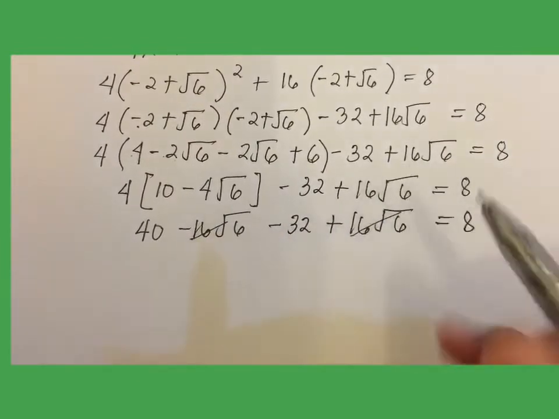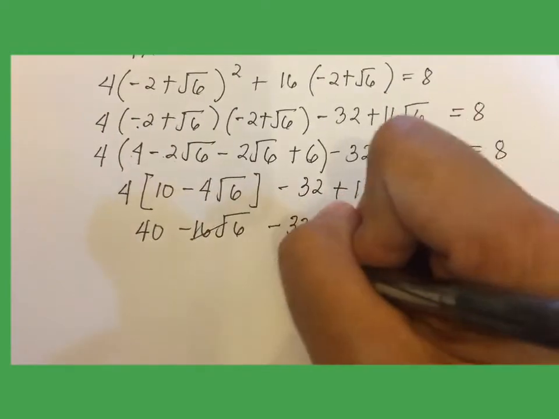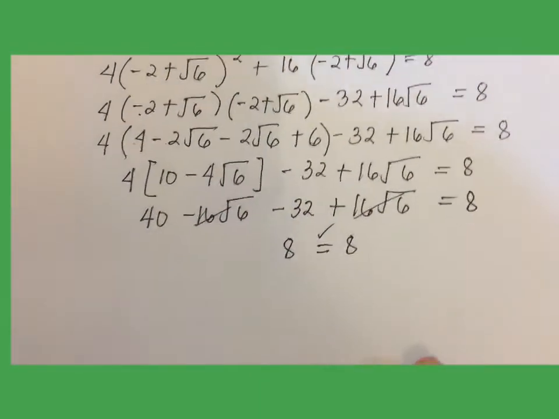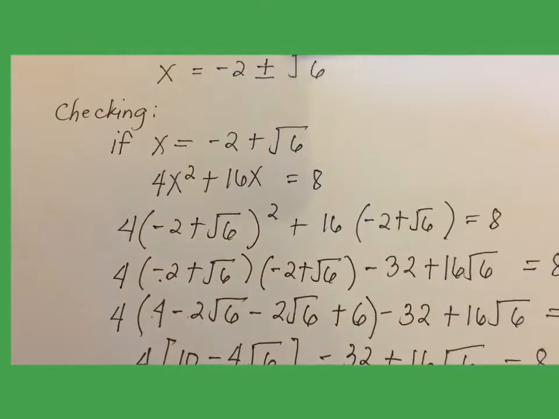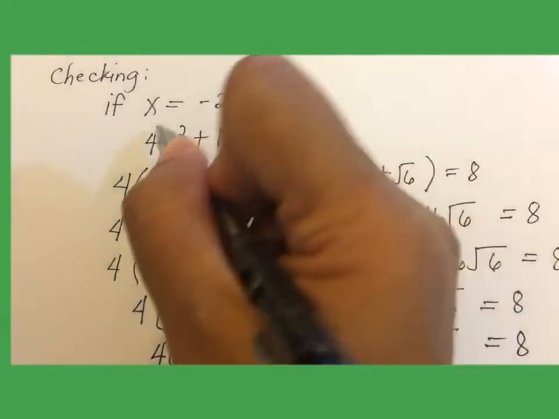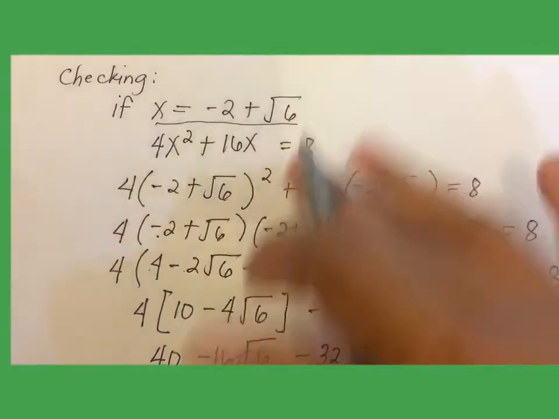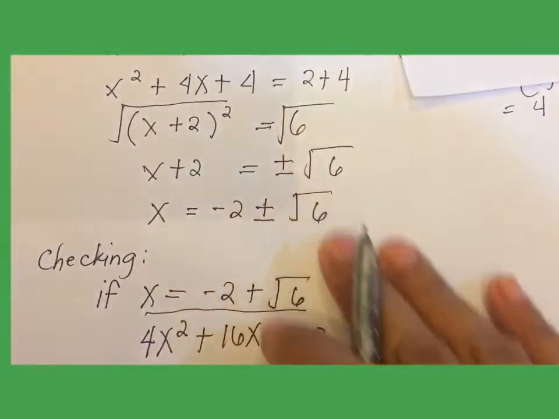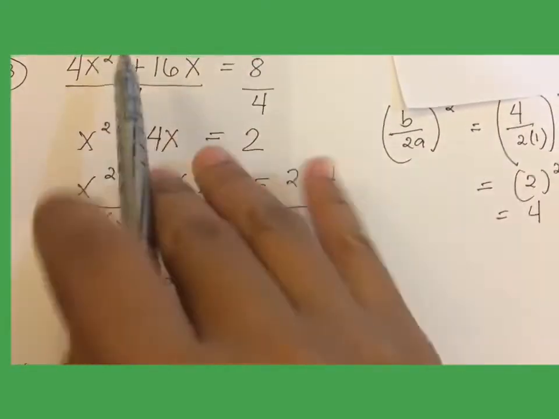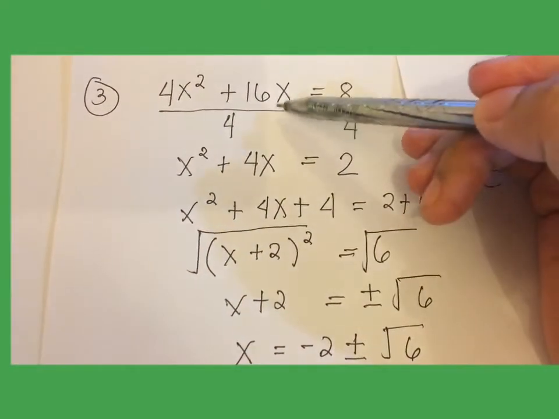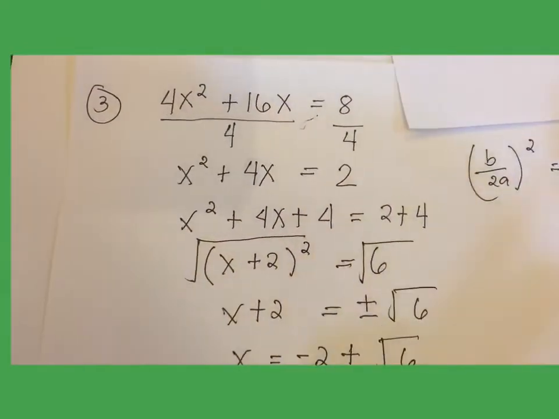So 40 minus 32, that's 8 equals 8. Therefore, this value of x, which is x equals negative 2 plus square root of 6, is a solution to this equation 4x squared plus 16x equals 8.